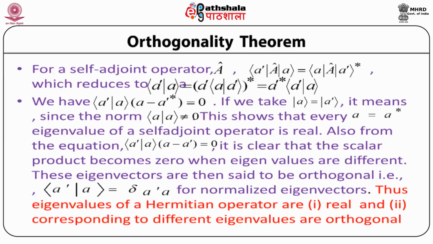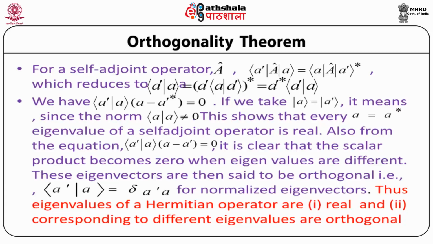So, if the eigenvalues, that is a and a star, are equal, then such eigenvalues for a self-adjoint operator are said to be real, because eigenvalues can be real only if the eigenvalue is equal to the complex conjugate of itself.